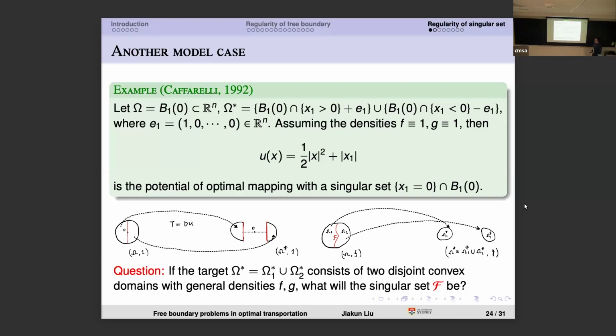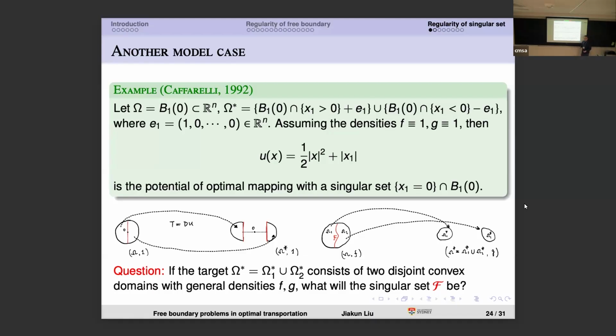So what we're trying to do is consider an initial domain that is one piece, and a target with two pieces. It's not necessary to be half disks; it can be two arbitrary separate targets. In reality, you can imagine you have some kind of product in Boston, and you're trying to move half of it to Toronto and half to New York City.